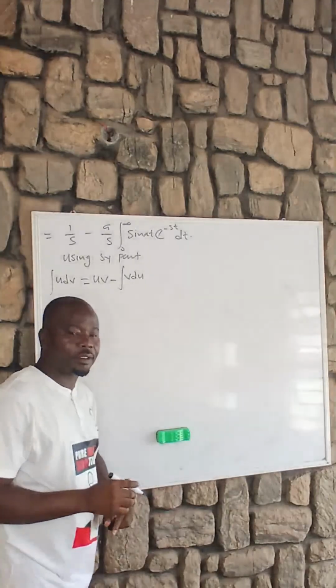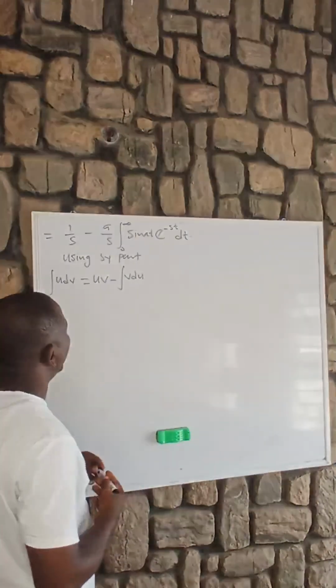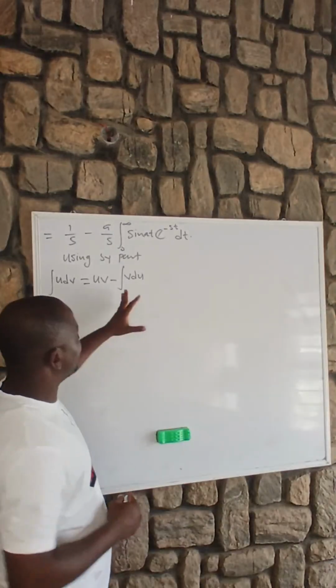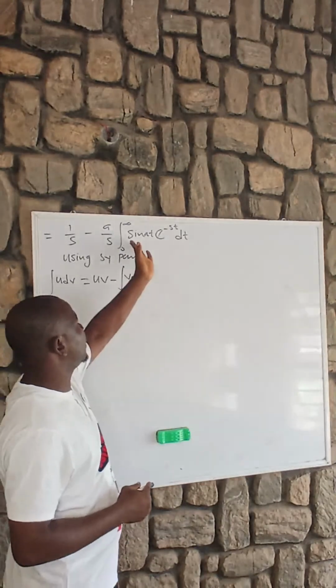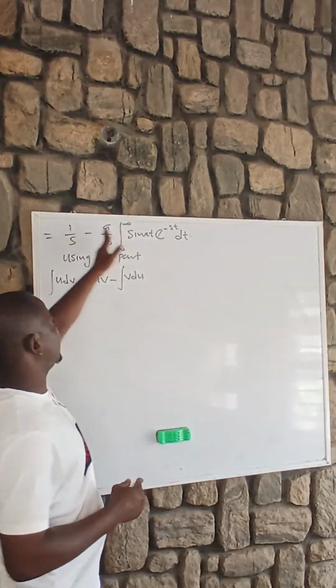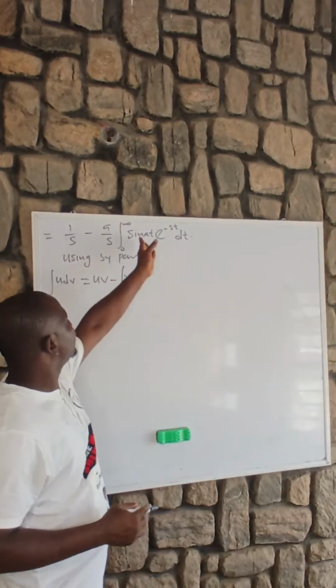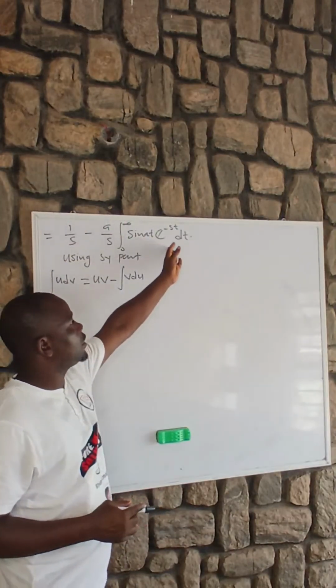That is as simple as ABC. Now this formula will only consider this function. Forget about what is here. You hold this one as a constant.